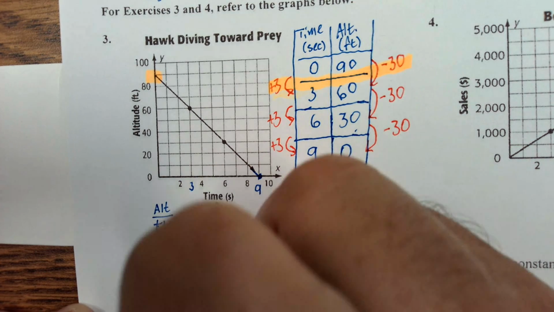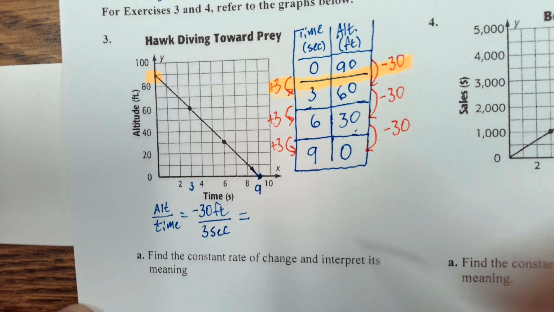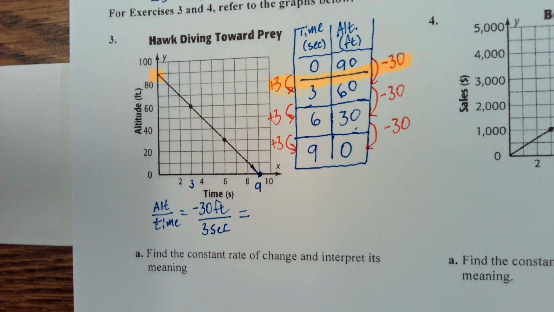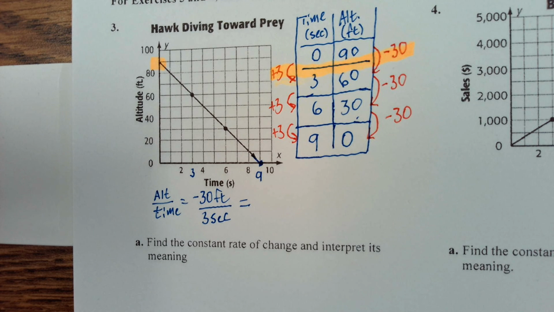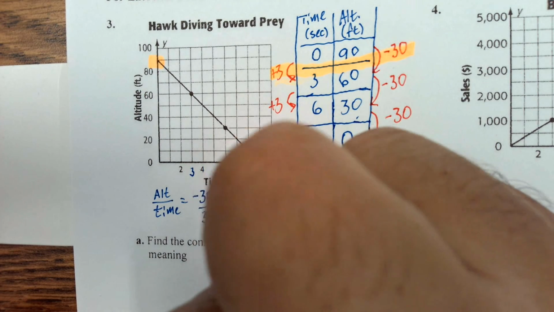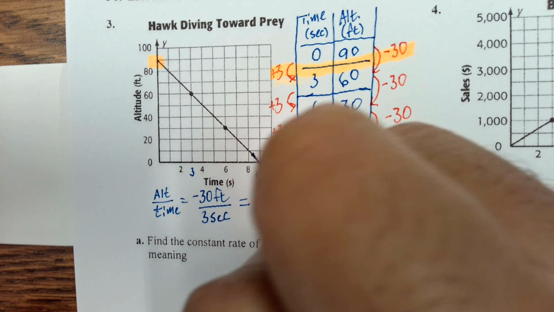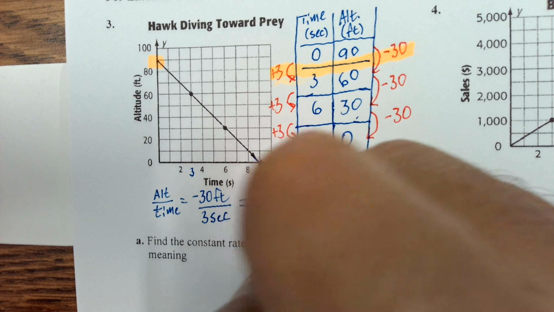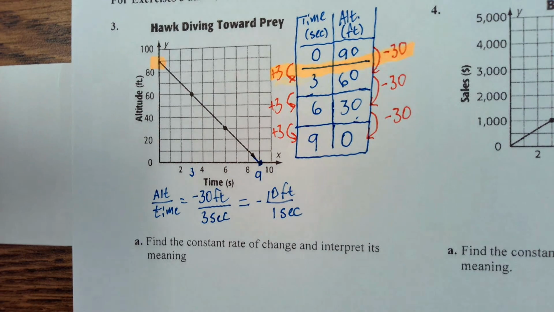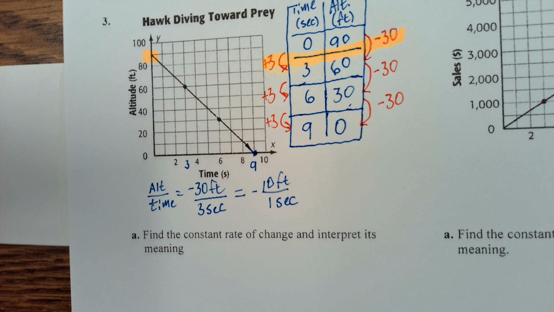Okay. Let's change that into a unit rate. Negative 30 feet divided by 3. What's negative 30 divided by 3? Negative 10. So what does that tell us? We just found the constant rate of change. It's negative 10 feet every 1 second.